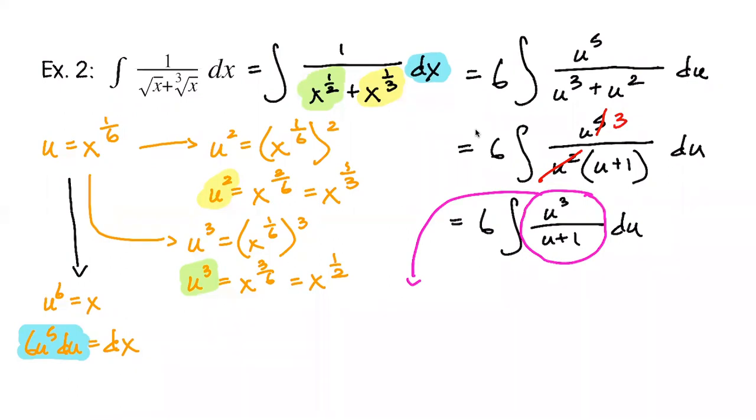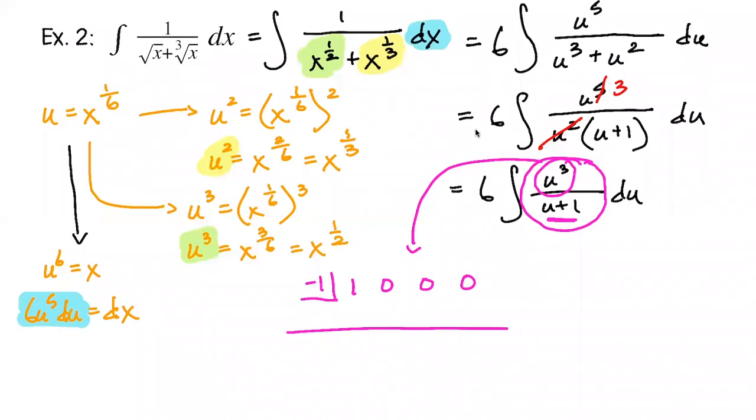So the number that makes this denominator equal to 0 is -1. So -1 is going to go inside the little thing. And then I need to represent u cubed in terms of just the coefficient. So it's 1 for the cube, 0 for the squared, 0 for the linear, 0 for the constant.